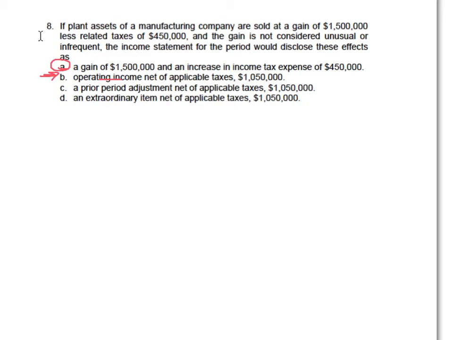So it would be a gain of 1.5 million, which would be in other revenue and expense, and an increase in income tax expense of 450,000. Both of those are absolutely true and the best answer. It has nothing to do with a prior period adjustment, which means that there's been an error, or an extraordinary item, which means that it was unusual and infrequent. So the best answer there is going to be A.